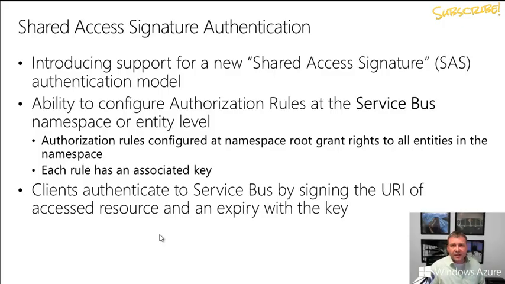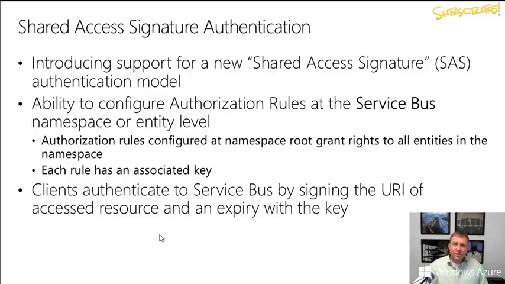And that allows a client to show up and have a key that implies a right, and then they can sign that request with that key, and that's all built into the client. So if you are using that from the Windows Azure SDK for .NET, that's all going to happen on the covers for you.